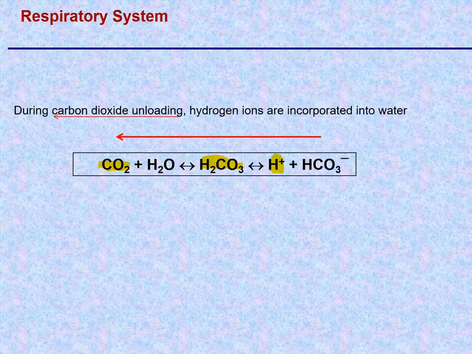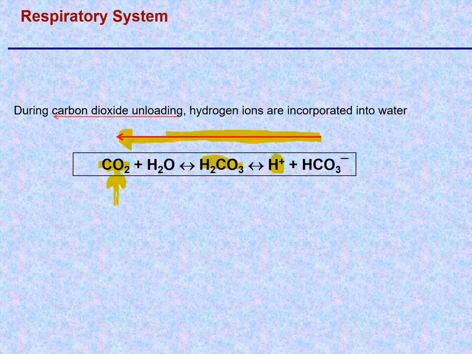The whole reaction will shift over in this direction as the carbon dioxide disappears, because the person is blowing it out every time they breathe out. If they breathe out faster, they will unload more carbon dioxide, and the equation will shift even more from right to left.